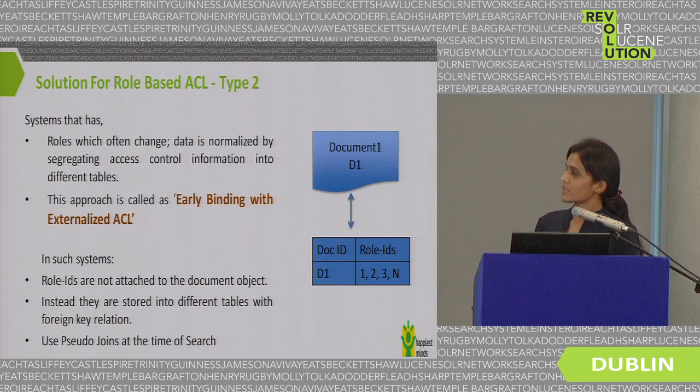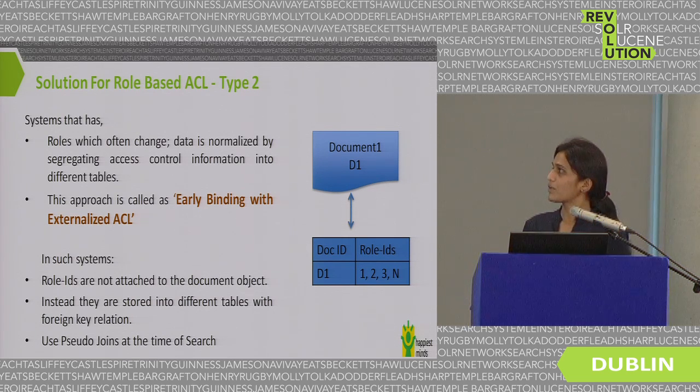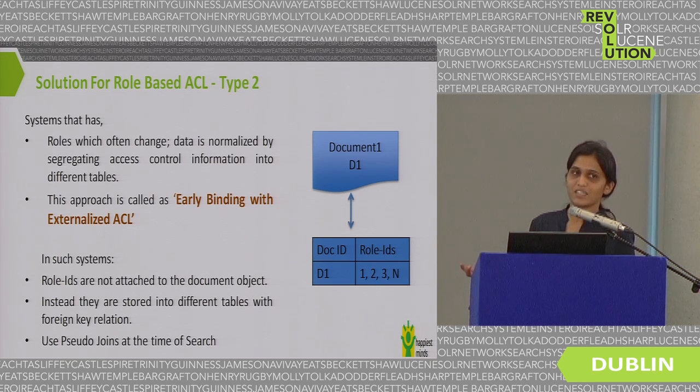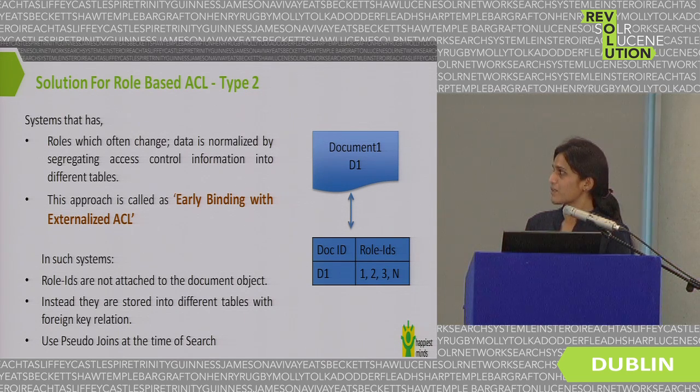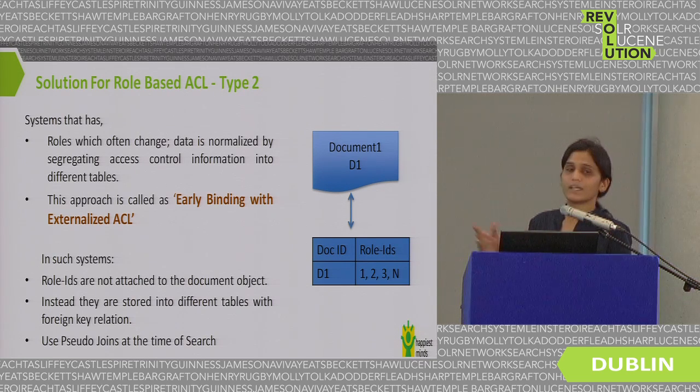It is meant for systems where roles do not change often. If we have a system in which roles keep changing very often, then we would have to normalize the data. We would maintain the access control list in a separate document, so that with frequent changes we only re-index that ACL document and not the entire document.